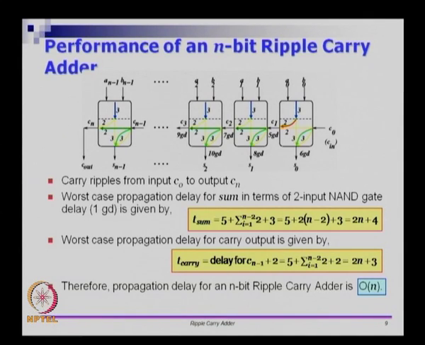You can take 2 n bit adders and attach them back to back and you can get a 2n bit adder. So that is a very interesting property of Ripplecarry adder. This is one of the few circuits where you can take two circuits and put them together, and without doing any extra work you can actually get a bigger operation done.